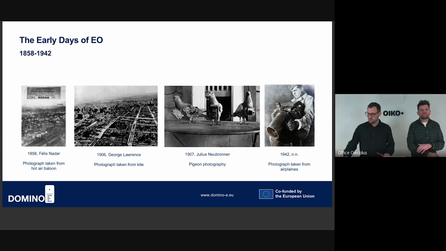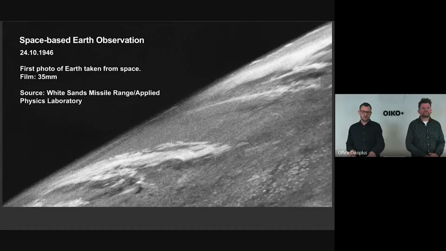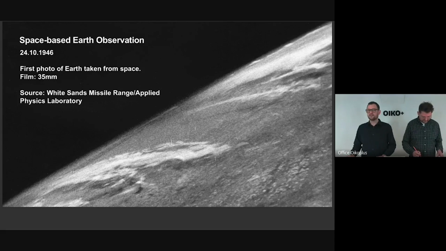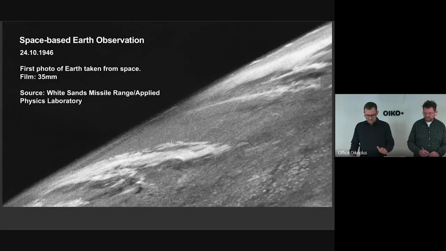And then there was this moment in October 1946, just a year after World War II ended, when a V-2 rocket launched from the White Sands missile range in New Mexico carried a stripped-down 35 millimeter film camera, pointing down towards the Earth and taking pictures constantly. As the rocket reached over 100 kilometers in altitude, it snapped the first ever photograph of Earth from space.